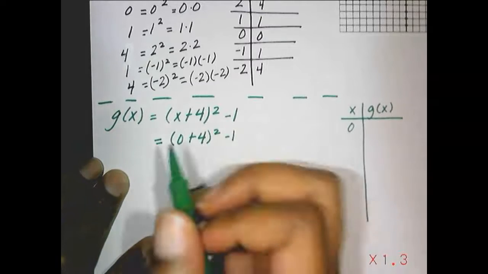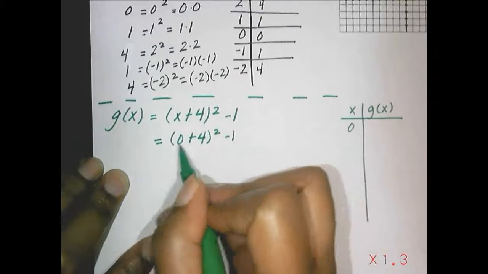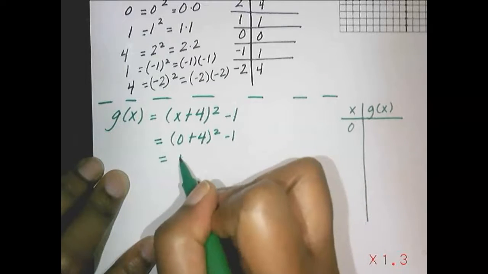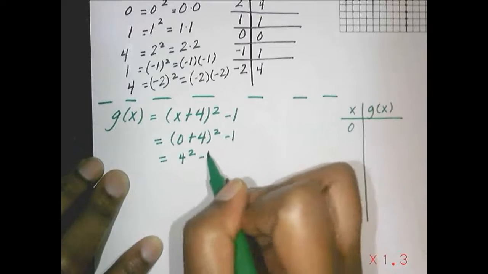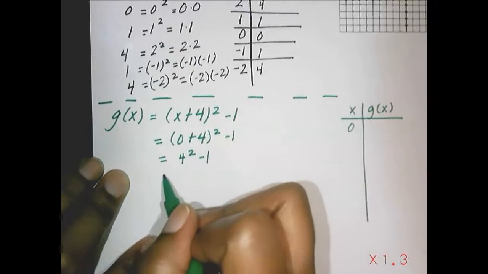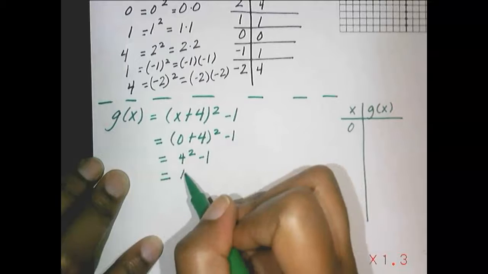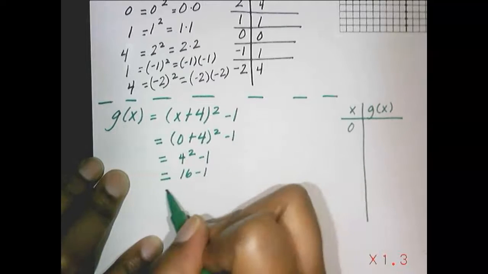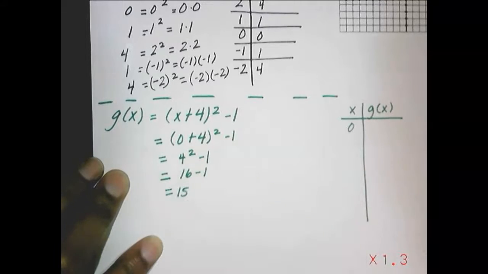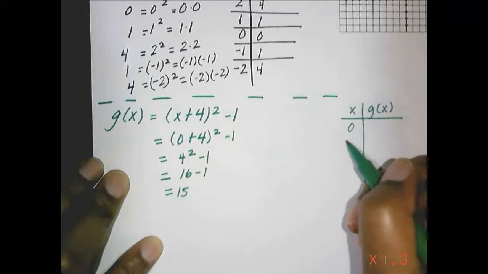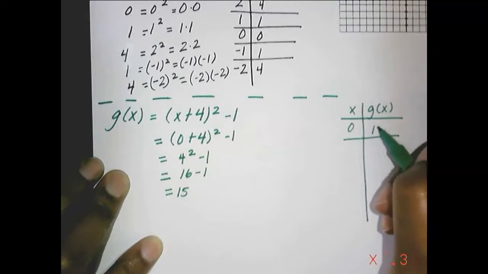Okay, so I would start on the inside, parentheses first, and this will give me 4 squared minus 1. Well, 4 squared is 4 times 4, not 8. It is 16. 16 minus 1 is 15. So when x is 0, our y value is 15.